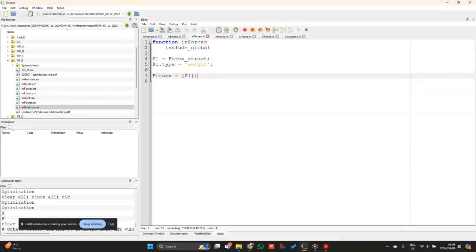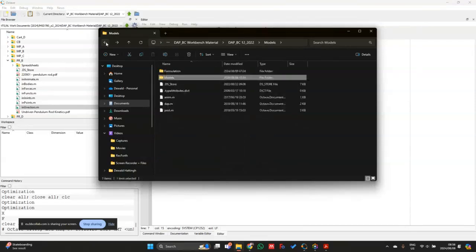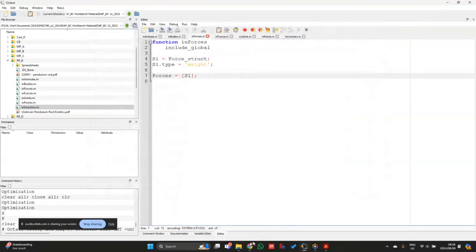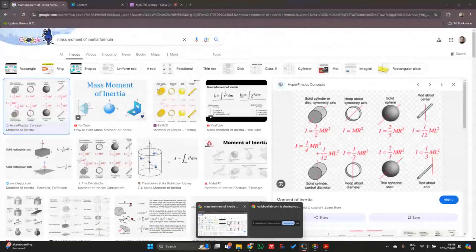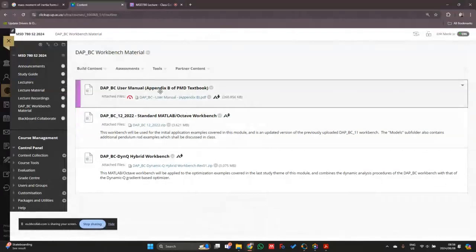Then once that is done, you can say S1.type. In our case, we're working with a weight, so we're just going to specify weight over here. If we perhaps quickly go to the appendix, I think it might be easier to just access it from ClickUp. You'll see you have this tab, BC user manual, over here.